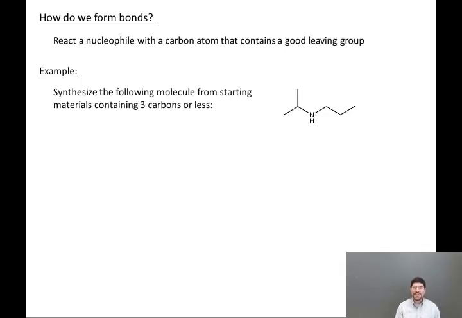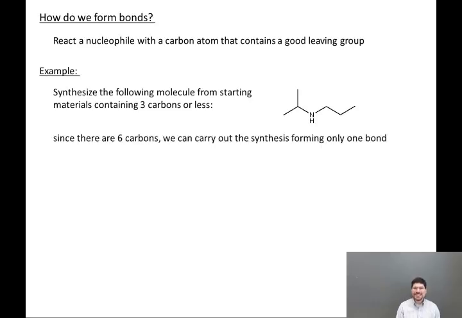So an example that we can do right now based on the chemistry that we've learned previously is to synthesize this following molecule. It's a secondary amine from starting materials containing 3 carbons or less. So since there are 6 carbons and a nitrogen, but there's only 6 carbons in this molecule, we can carry out this synthesis in what we call one step, meaning that we only have to form 1 bond.